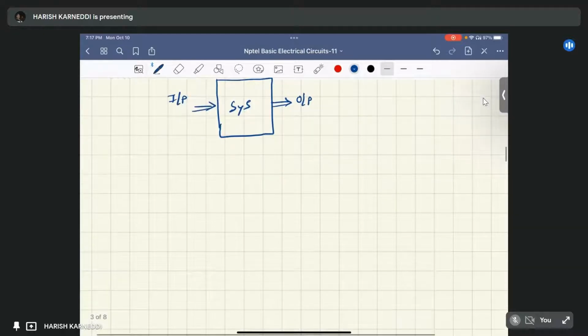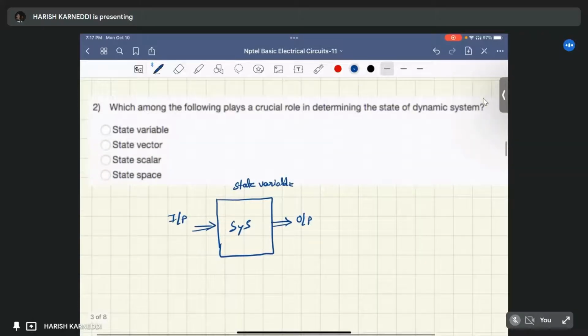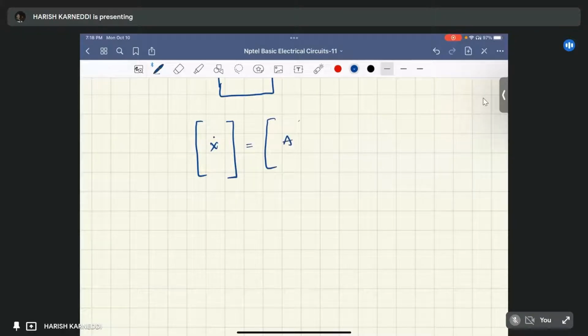We can represent this system in terms of state vectors and state matrix form, that is X dot equal to matrix A into matrix X plus matrix B into matrix U.